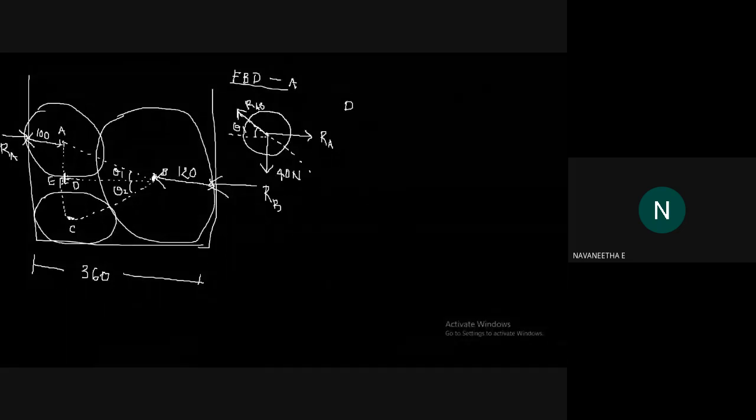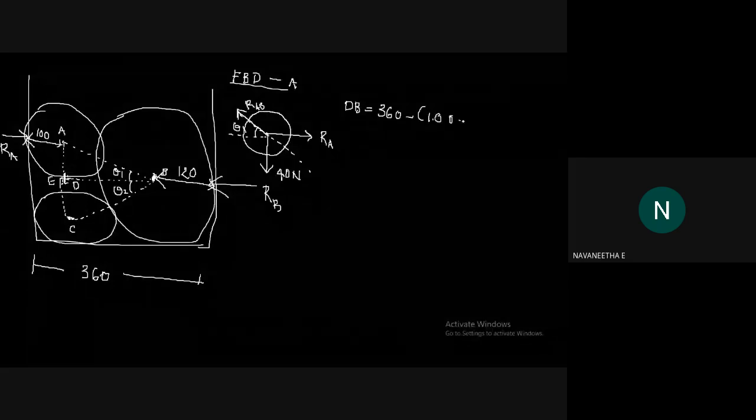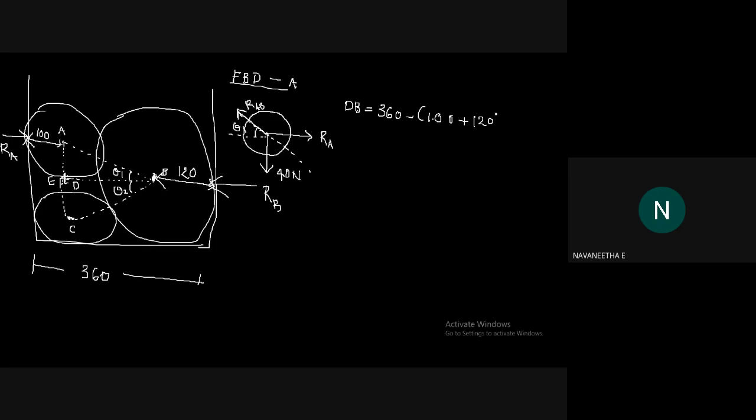DB equal to what? Entire width, that is 360 minus (100, radius of A, plus radius of B). So 360 minus 220. Is it okay? Then that is 140.